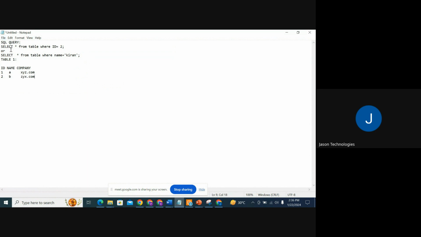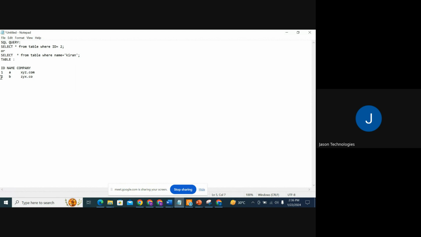When we perform select star from the table where ID equals 2, first of all, the select keyword will be executed on this table, and it just checks the ID.